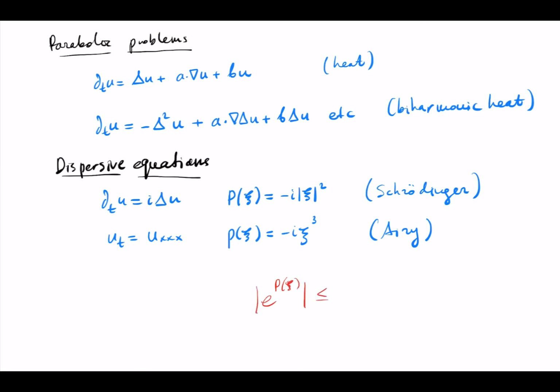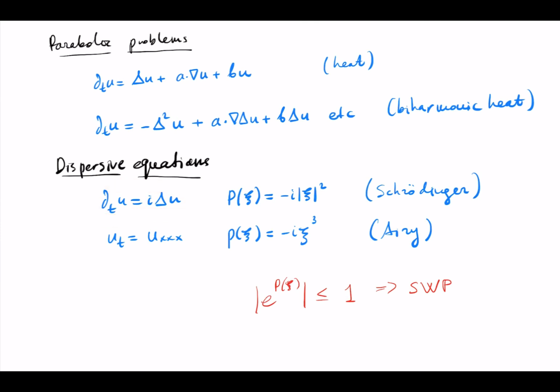Actually, this will be bounded by 1, and this will immediately give us strong well posedness, even though it's not covered by the theorem, because we can perturb it by a first order operator to make it not strongly well posed. But by itself, this problem is strongly well posed.